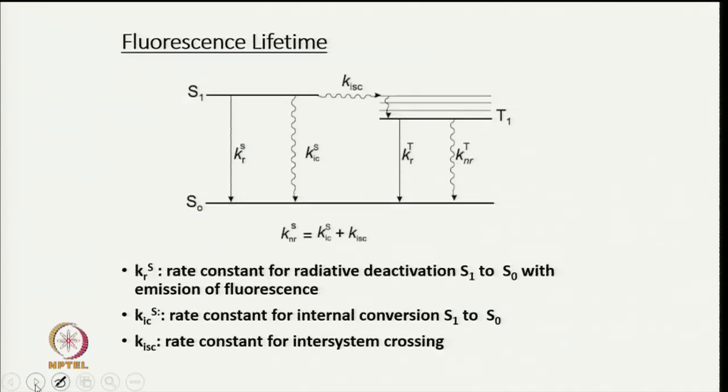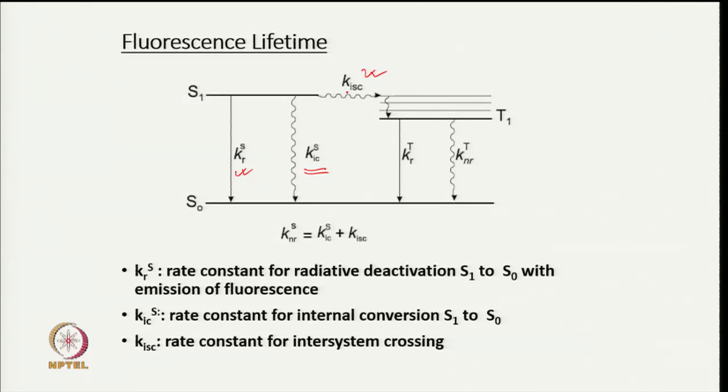Now, let us discuss another very important concept in fluorescence, which is fluorescence lifetime. The processes which we have already discussed: one is fluorescence, which is radiative deactivation between S1 and S0, whereas internal conversion has a rate constant for a non-radiative process from S1 to S0, and this is again a non-radiative process.